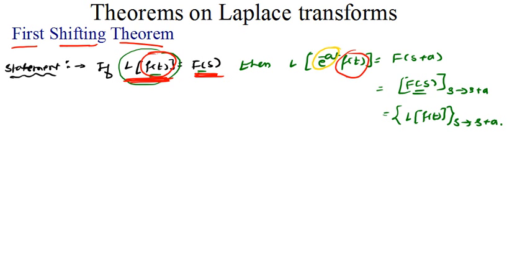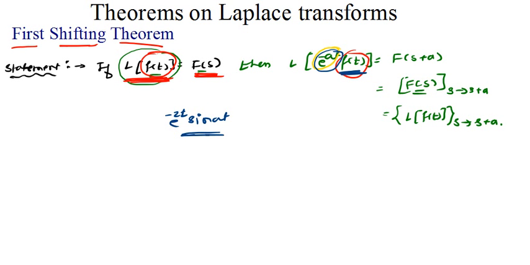for example, suppose I have the function sin at and this is f of t. If I multiply this sin at by some exponential function like e raised to minus 2t, then what will be its Laplace transform? That gives the first shifting theorem. If f of t is multiplied by the exponential e raised to minus at, then what will be the Laplace transform of it?